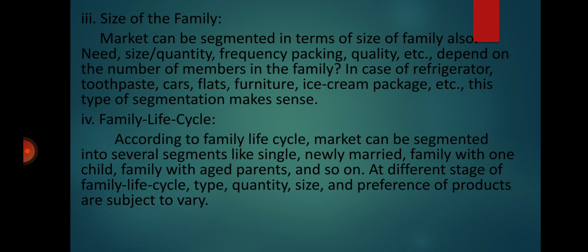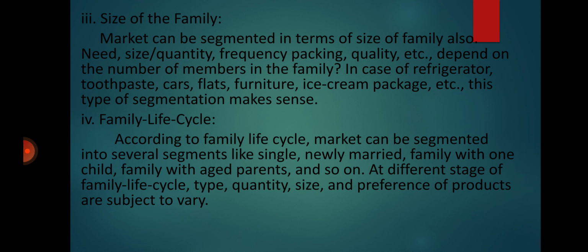Suppose for example, in case of ice cream, if there are more members in the family, the customer prefers to purchase a big family pack, and if there are only a few members in the family, they purchase a small pack. So based on the size of the family, the packaging of the products will be done. Same is the case with refrigerator, and that is the reason for these products the market will be segmented based on the size of the family.